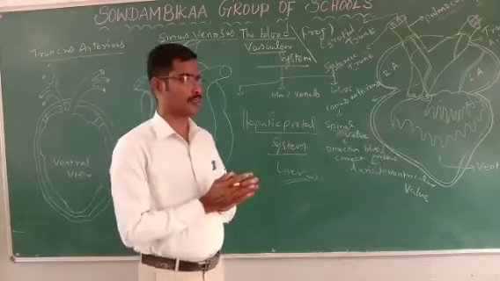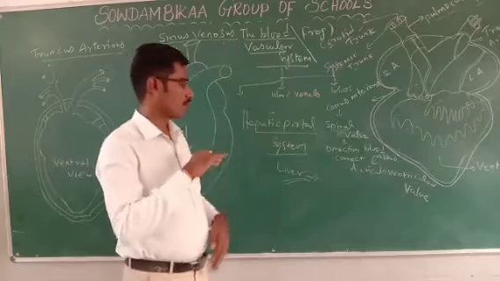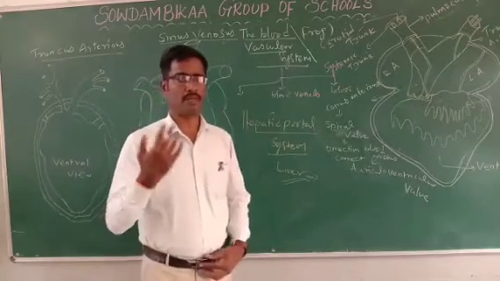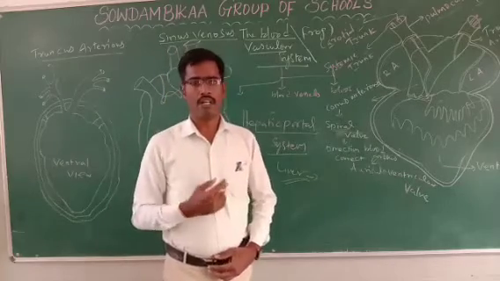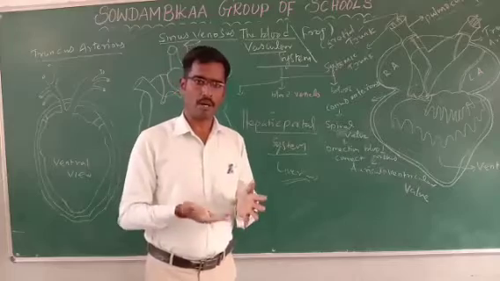So hepatic portal system means the blood is received from the alimentary canal to the hepatic portal system. In the hepatic portal system, excessive food material, excessive carbohydrate substance, for example glucose, is converted into glycogen, and excessive protein is converted into amino acids.